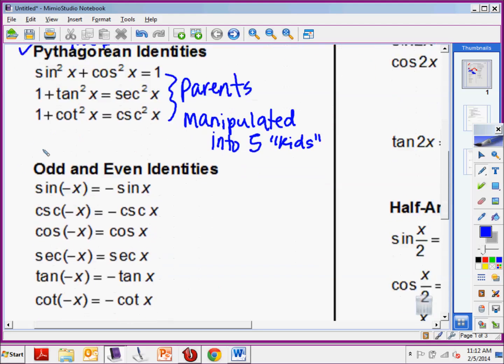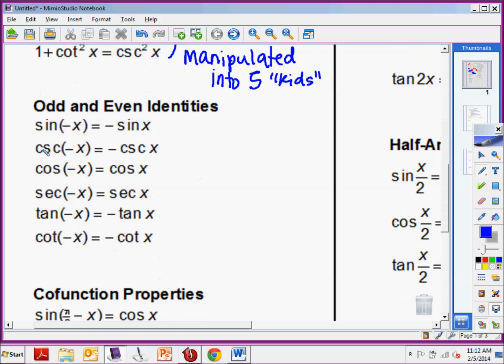All right, real quick. We're not going to focus a whole lot on odd and even identities at this time. We're going to revisit them when we revisit trigonometry. But I just wanted you to have a glimpse at them. With odd and even identities, you have sine. And if you have the negative angle, what this is telling you is because sine is the y value in our x, y coordinate, it's a dependent value, which means that it's the weaker variable.